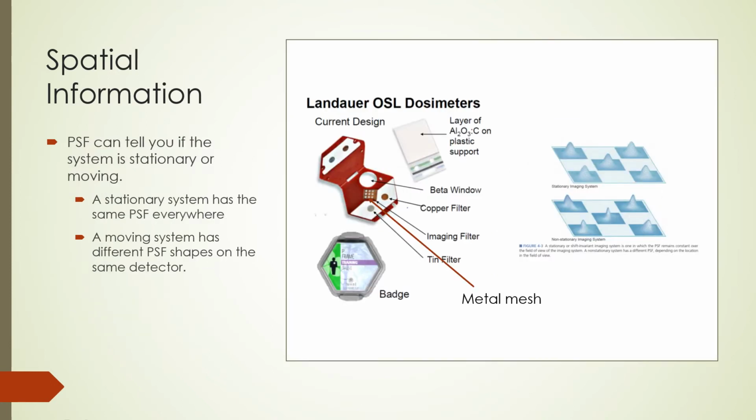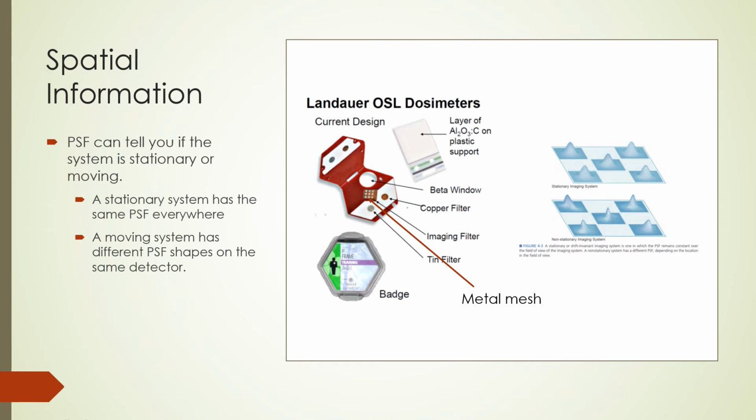On this slide, another application of the point spread function is the ability to tell if the imaging system is stationary or moving. You can see from this slide the moving platform on the bottom right has point spread functions that are skewed or tilted. This type of analysis is used with radiation badges. Suppose a badge reading shows an extraordinarily high reading.